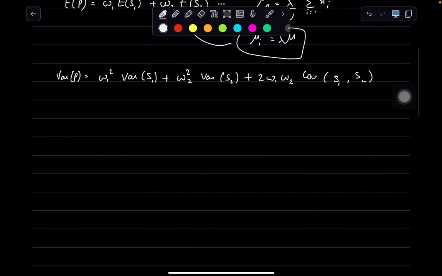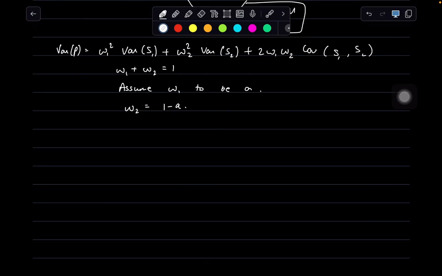So the way we're going to do this is, first of all, an algebraic manipulation. We know that W1 plus W2 is equal to 1. So if we assume W1 to be, actually not T, let's just assume it to be A, then W2 is equal to 1 minus A. It's nothing that's too insane.